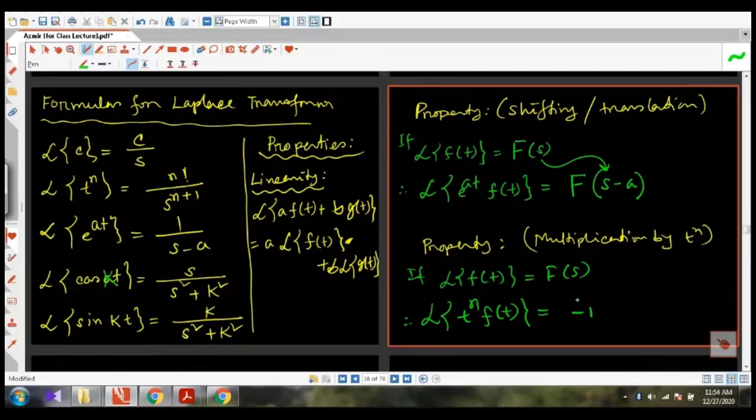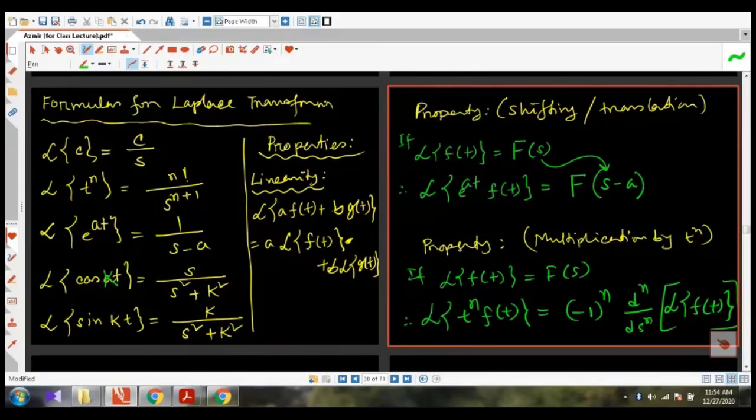That will be negative 1 to the power n times the nth derivative, with respect to the variable s, of the Laplace transformation of f of t. Those who were present in my last consultation, you know we discussed these topics there.